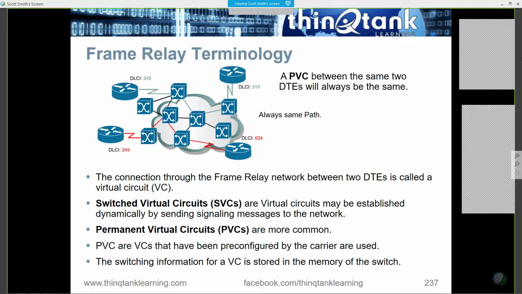It looks confusing as heck if you look at this diagram here, but in reality, this is what it looks like to the consumer. A customer that is purchasing frame relay services, it looks like this router is directly connected to this router, or this router is directly connected to this router.